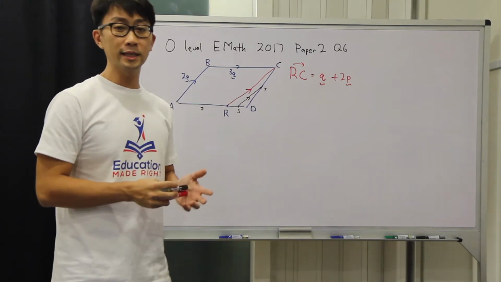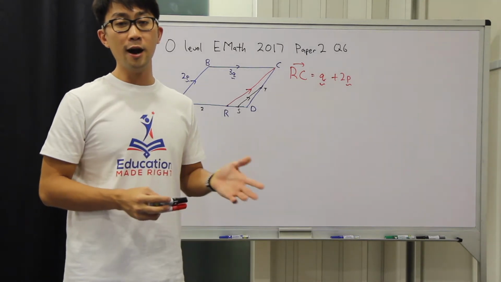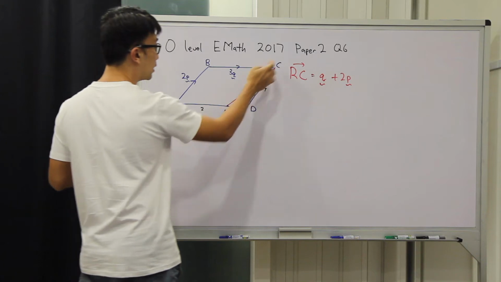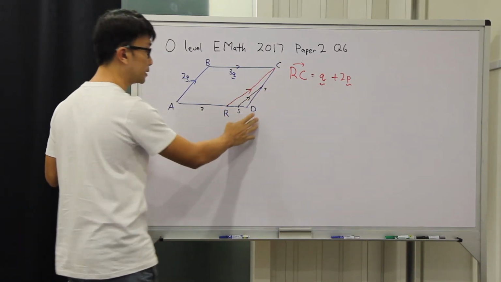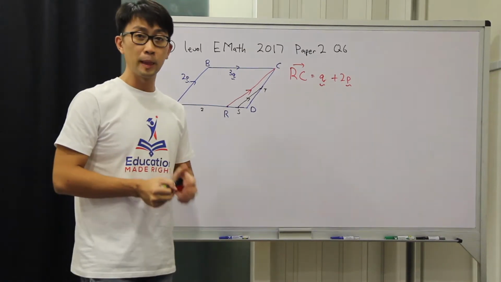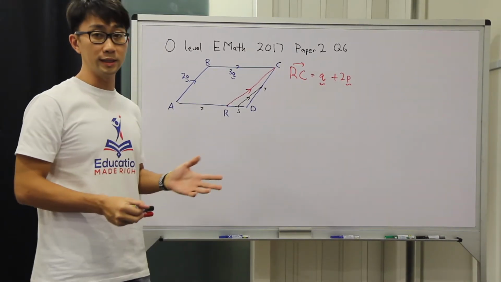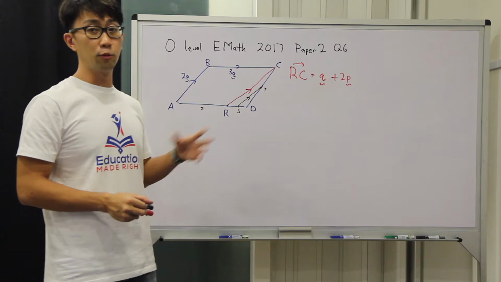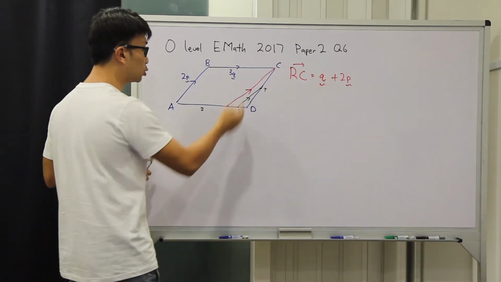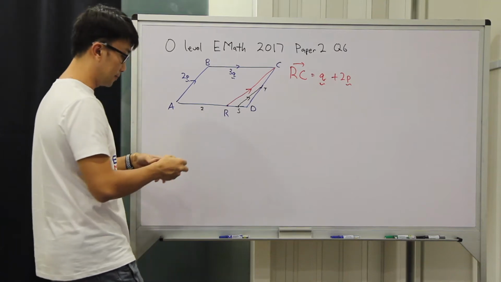Part 1 is asking to show that triangles RCD and STD are similar. So we have triangle RCD and STD being similar. Give a reason for each of the statements you make. It's easy for us here to use the AA similarity. By proving 2 pairs of equal angles, we can prove that these 2 triangles are similar.